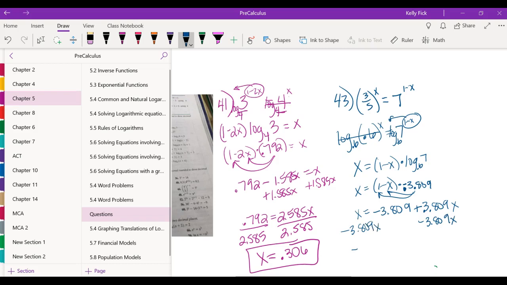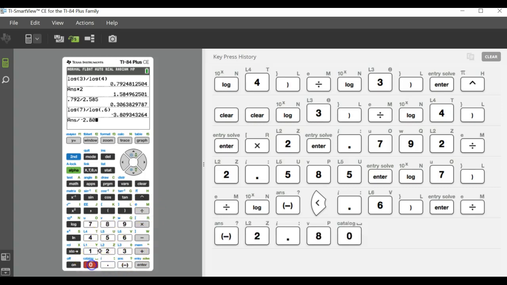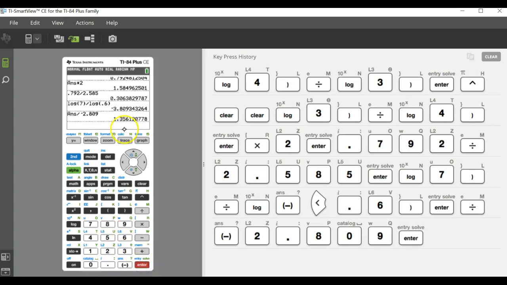And you get negative 2.809x equals negative 3.809, and you would divide that to get x equals 1.356.